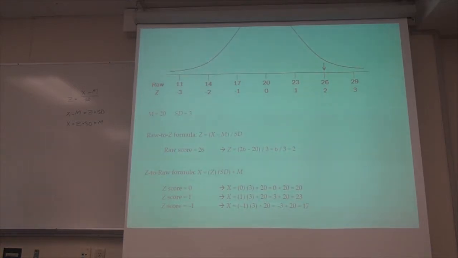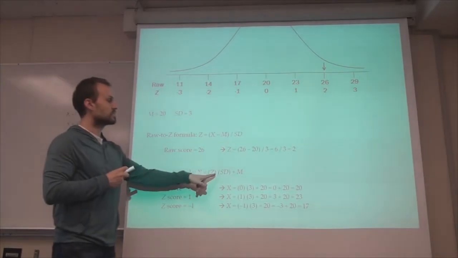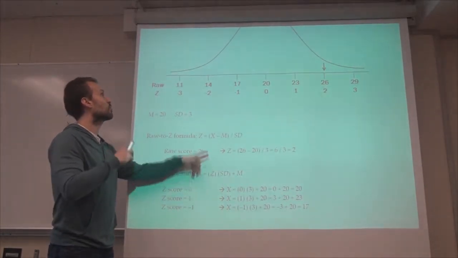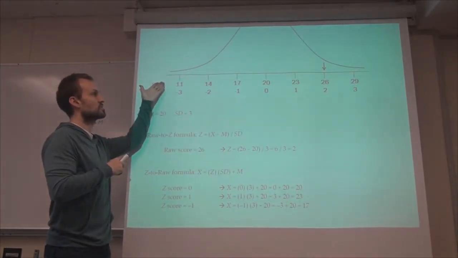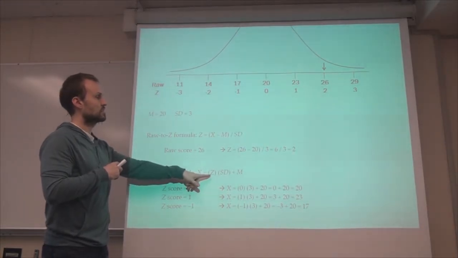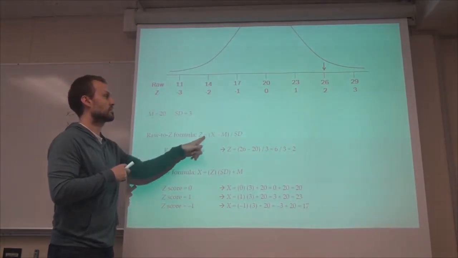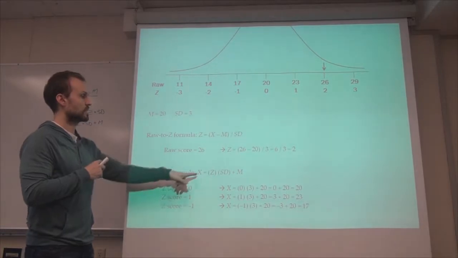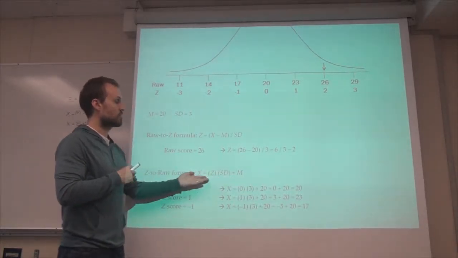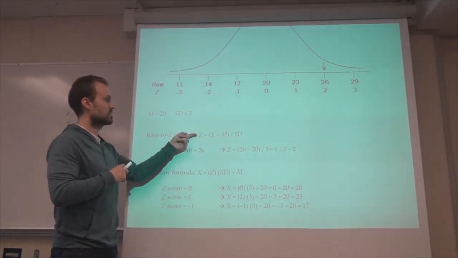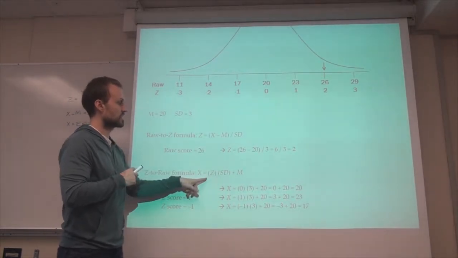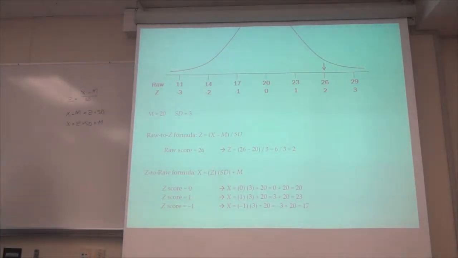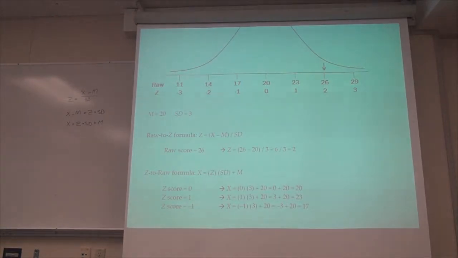So if I'm given the Z score and I want to find the actual score that corresponds to that, it's just a reordering of this formula, like this. It's up to you if you want to memorize that. I just memorized this one and just reshuffle things to get it in the other arrangement, so to speak.